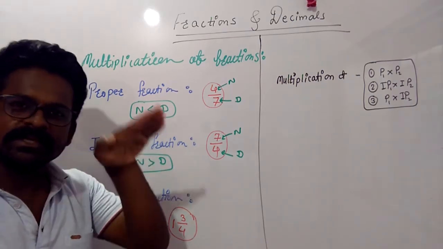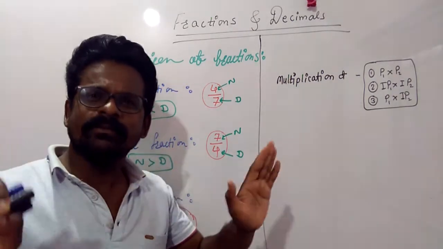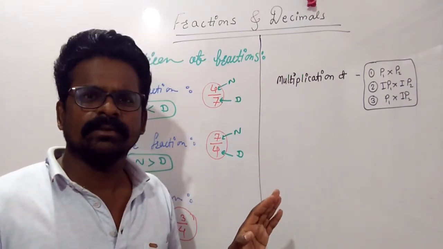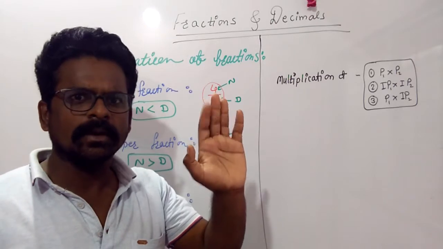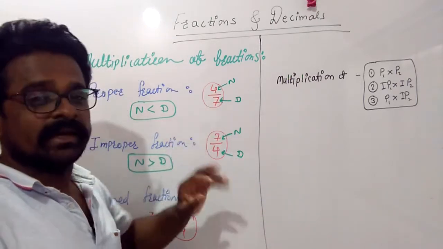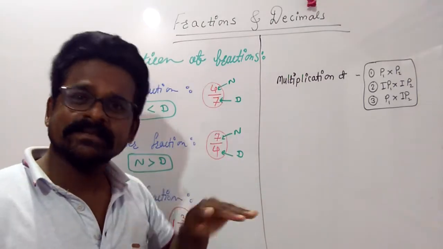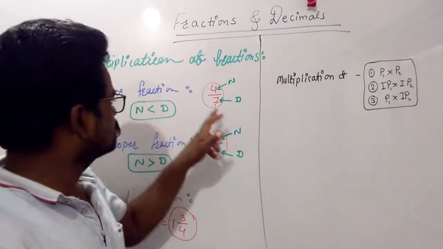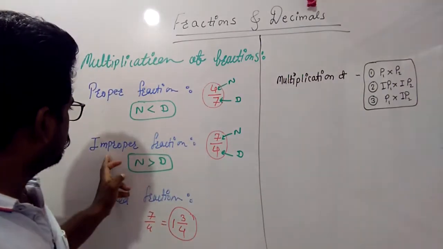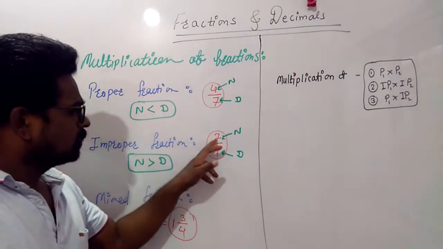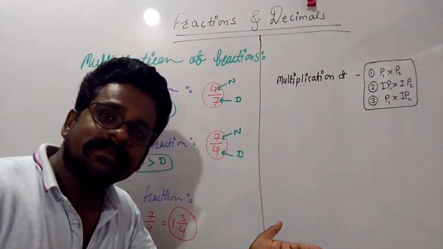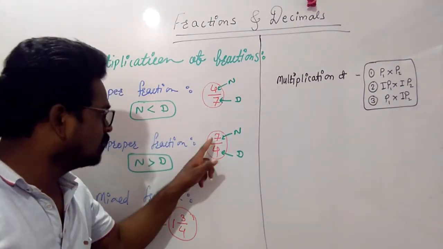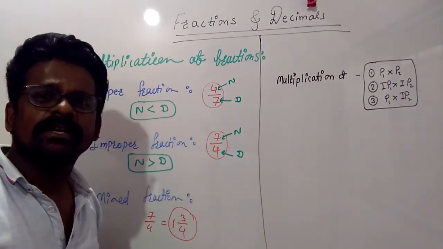The proper fraction is not divisible by the denominator, that is called proper. So in 4 by 7, the numerator is always less than the denominator, that is called a proper fraction. And in an improper fraction, the numerator is somewhat divisible by the denominator.